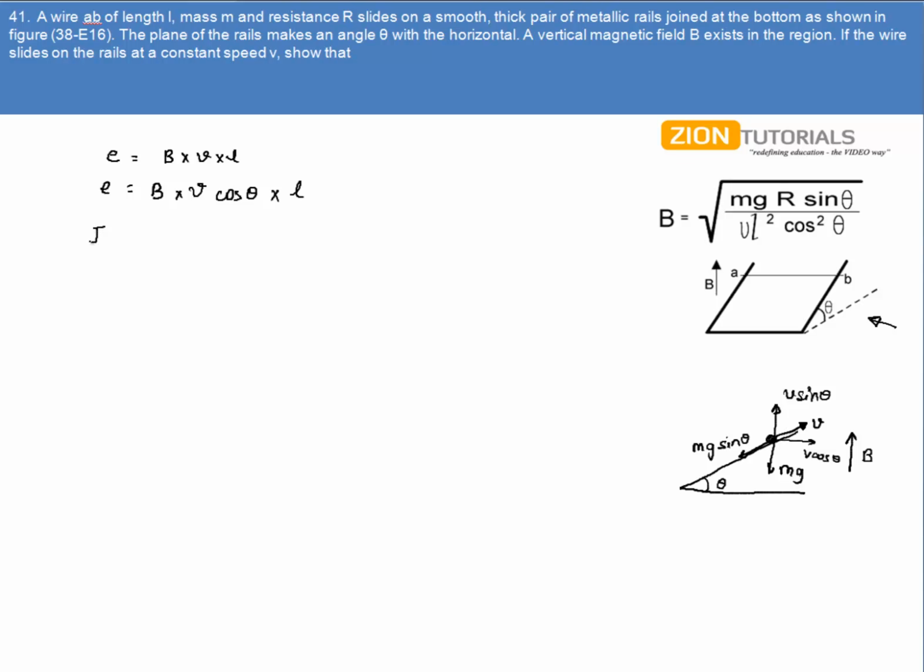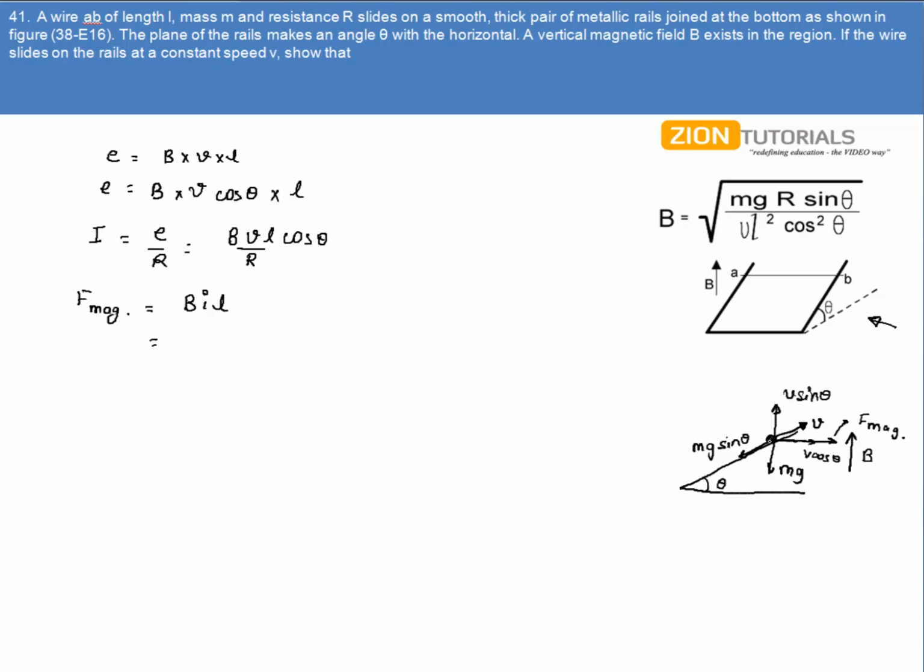So the current flowing through the wire AB will be calculated by Ohm's law, that is E by R. We get B V L cos theta divided by R. Now the magnetic force on the wire due to the current flowing in it can be calculated by the formula B I L, and the direction of the force will be in this direction.